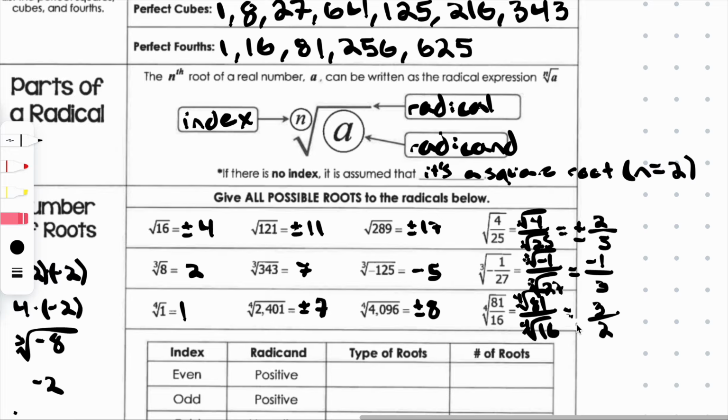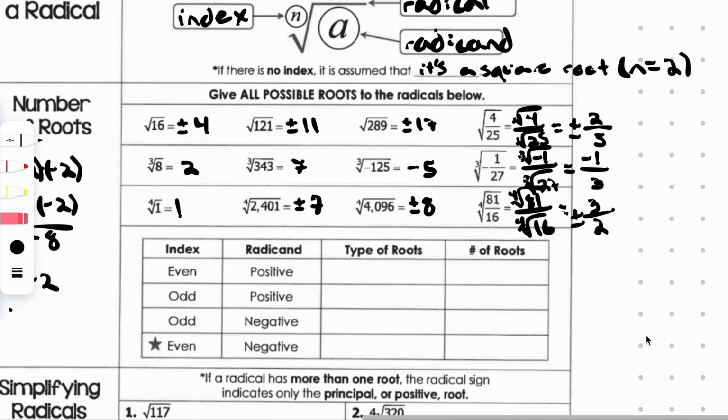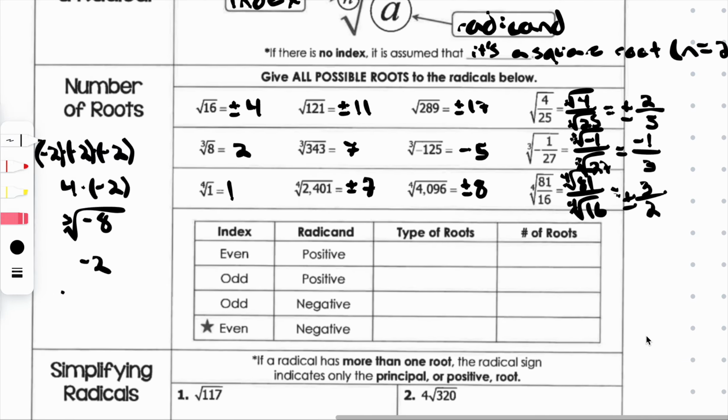So we're getting 3 halves. Again, it's an even root, so we need to put a plus or minus out in front. So just as a reminder, when we have an even index, an even root with a positive radicand, so essentially a positive number under the radical, we're going to have real roots where we have 2 from that plus or minus.